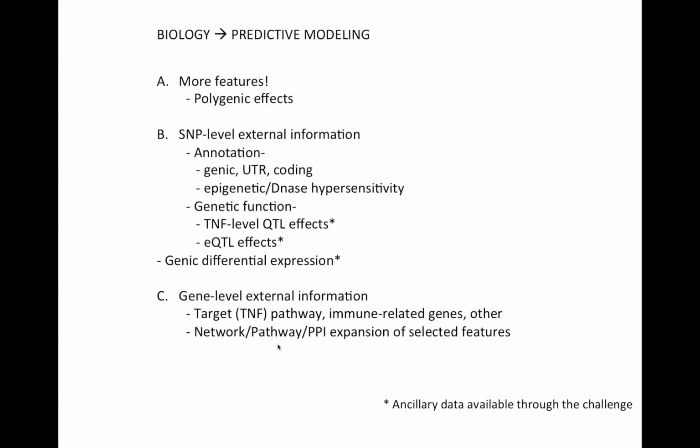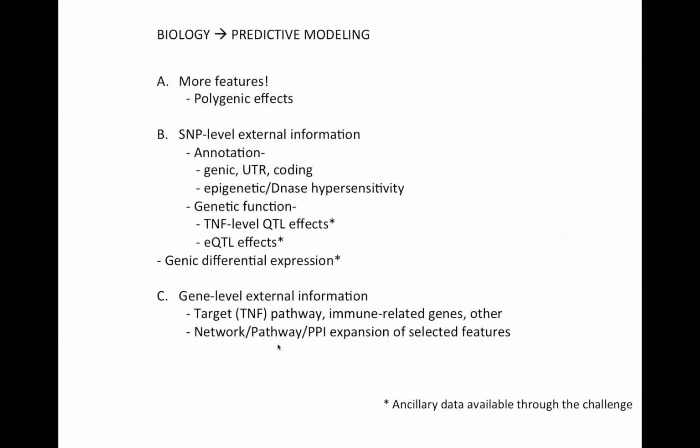Of course, as many of the team challenge summary statements and presentations in the last webinar pointed out, that's very challenging when you add features, dealing with overfitting, and then when you go to out-of-sample prediction, it doesn't improve things.